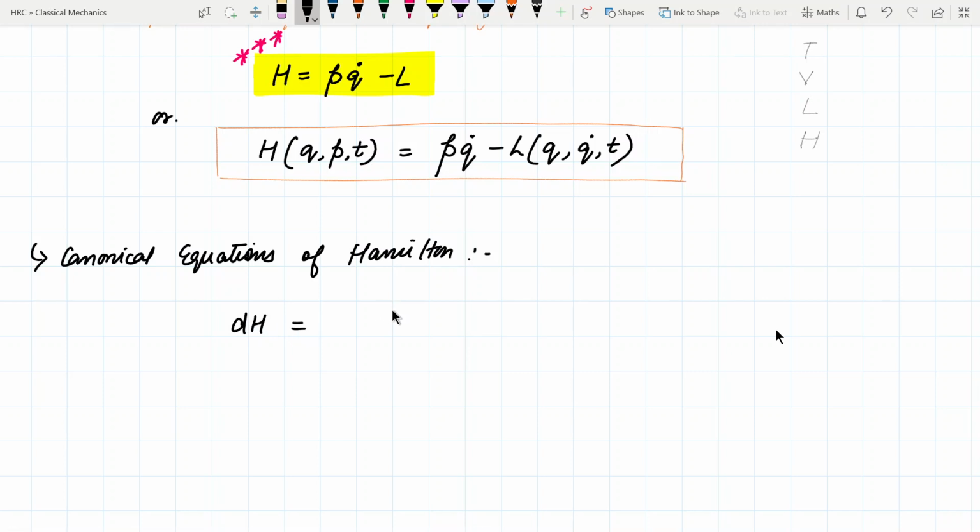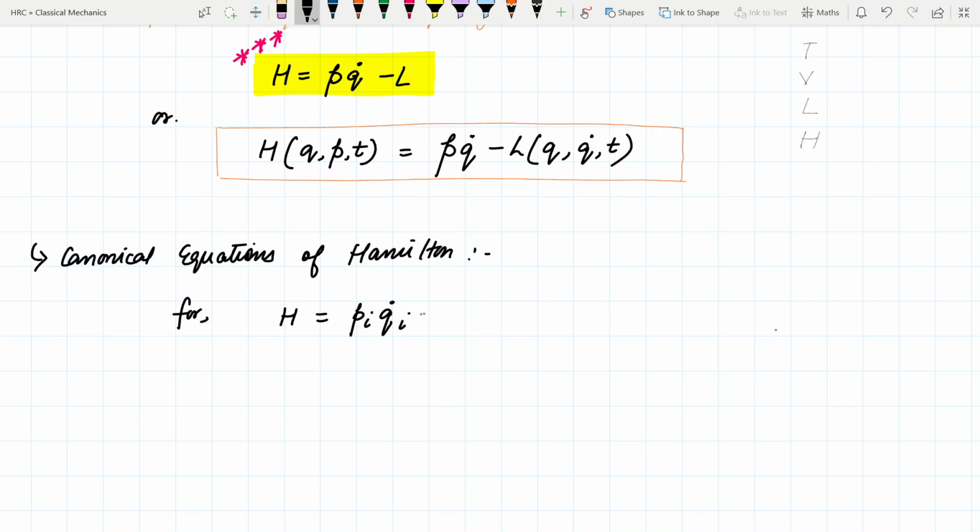So if we do dH, then dH can be written as q dot dp, ठीक है, प्लस... मैं इसमें i के टर्म्स पे लिख देता हूँ because it may signify that there are many generalized coordinates here. So let us write that H is equal to p_i q_i dot.